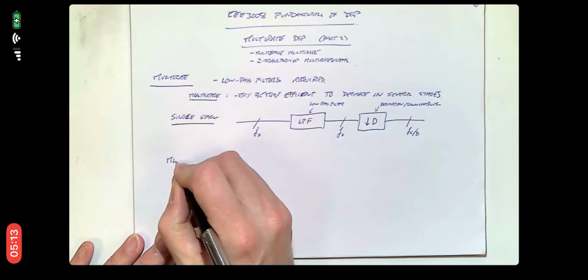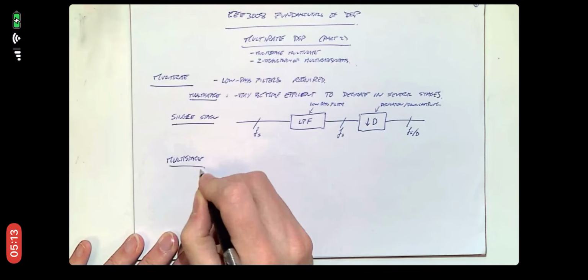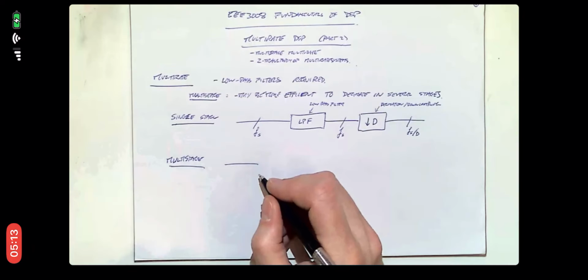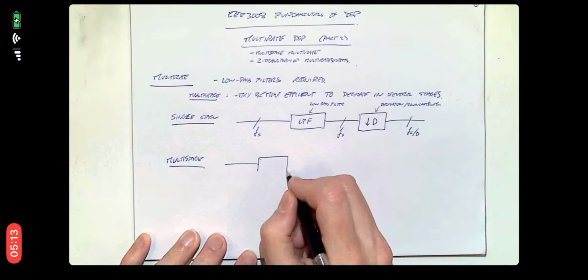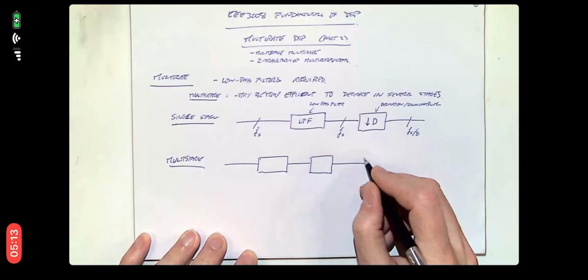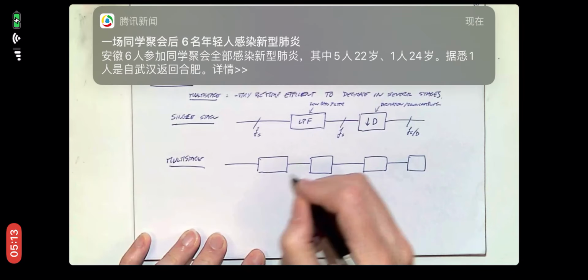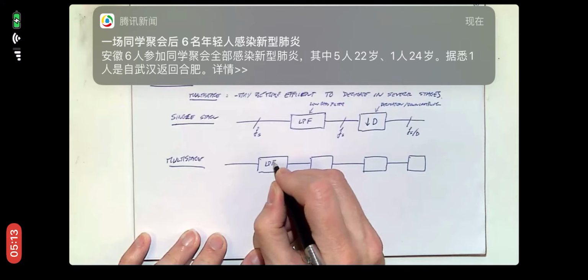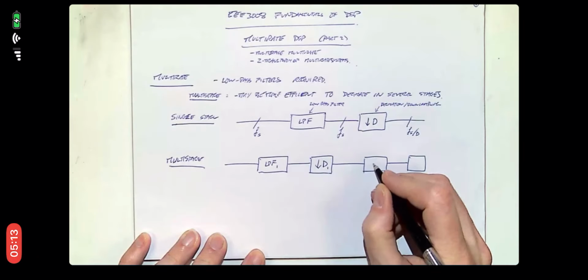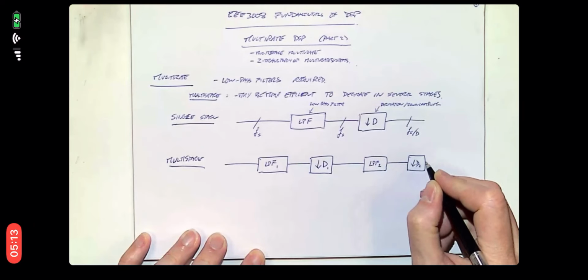But in a multi-stage version we might go through different stages. So we would have a low-pass filter followed by a decimation in one stage, followed by another low-pass filter and another decimation. So we might have a low-pass filter 1 and downsample by D1, and then a low-pass filter 2 and downsample by D2.